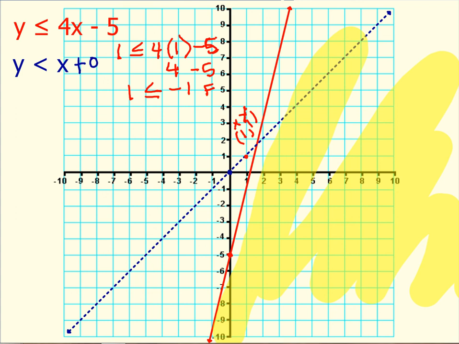Now I'm going to pick my test point. It needs to be a point not on the line, so maybe like a point, let's pick -4, -2.